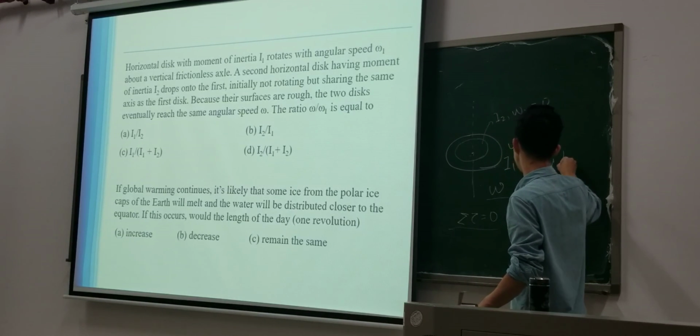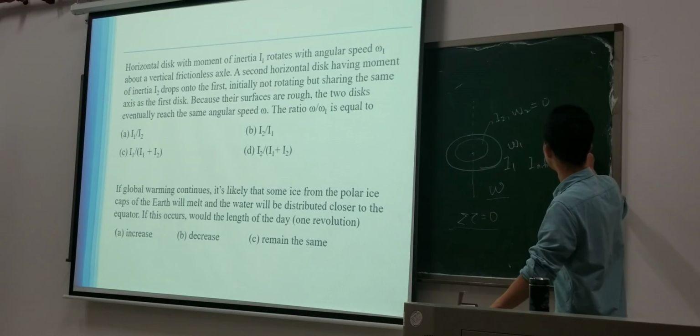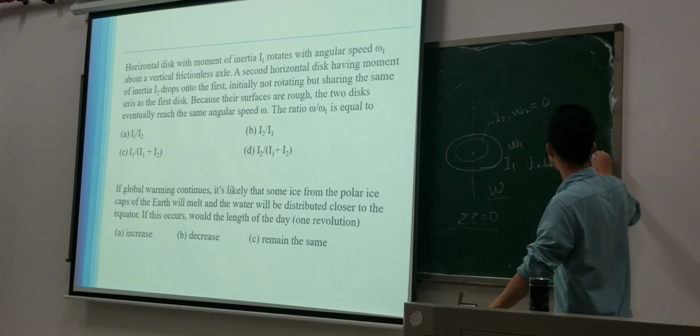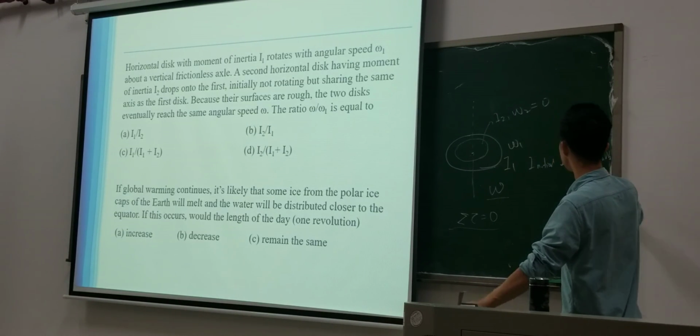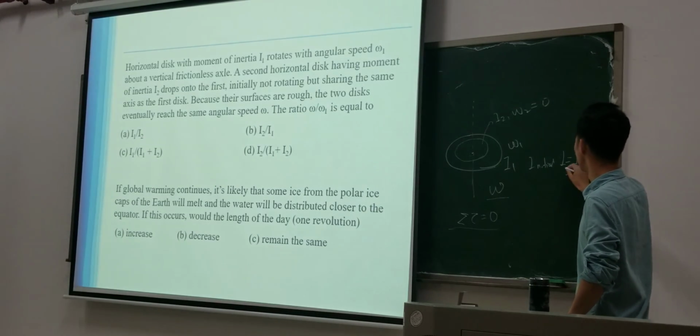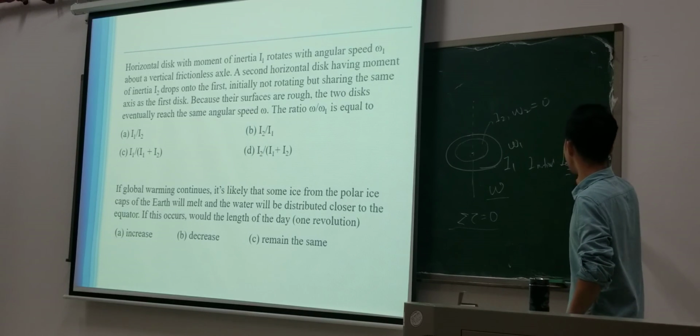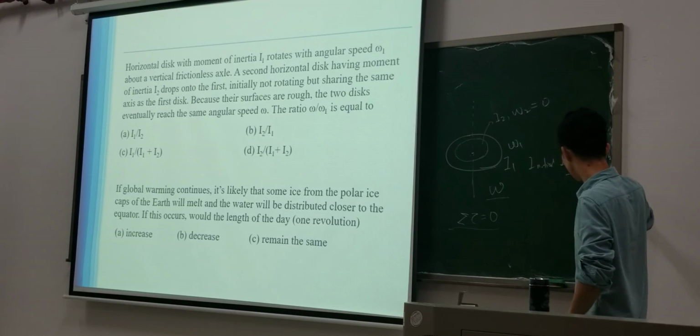Initially, the angular momentum is how much? It is equal to I1 omega 1 plus I2 omega 2. The omega 2 is 0, so it is equal to I1 omega 1.